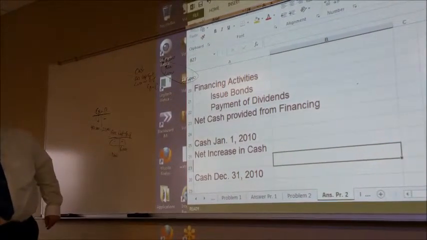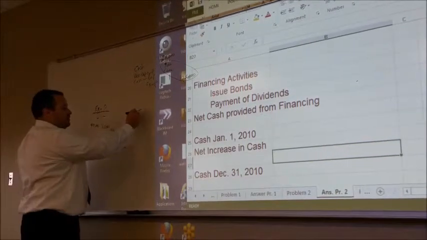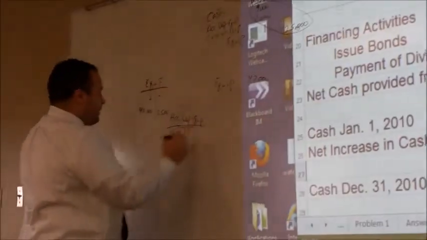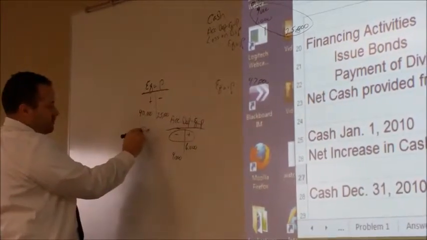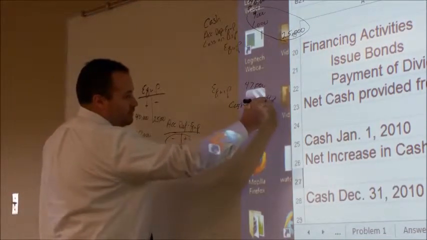And then I could also do that second journal entry, bought equipment for 47. That one's a lot easier to do. Equipment went up by 47,000, and I paid cash for it.